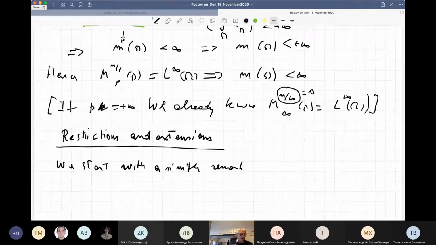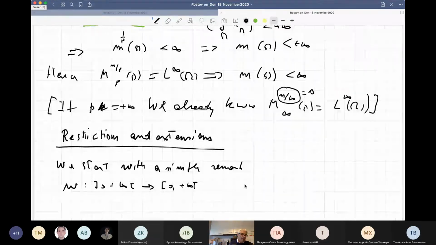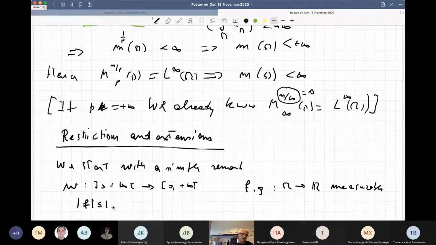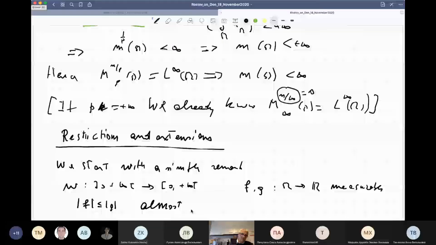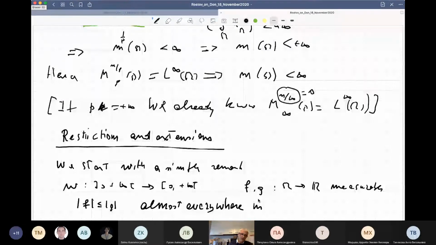So which is this one? Assume you have your weight, and assume that f and g from omega to R are measurable, and that modulus of f is less or equal than modulus of g almost everywhere in omega.